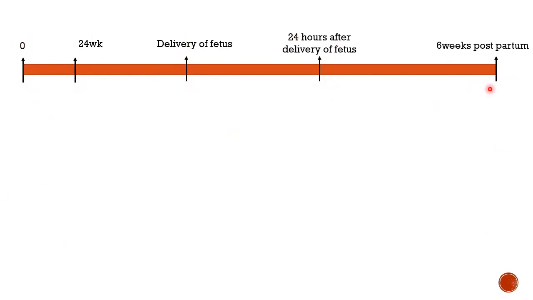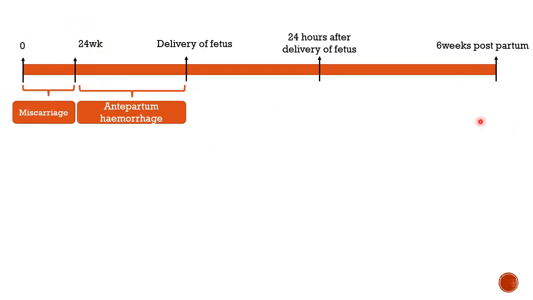These are the landmarks that you have to remember. Mind you, for 24 weeks, we follow RCOG guidelines, saying that APH is 24 weeks and onwards. So before 24 weeks, any PV bleeding we call a miscarriage, either threatened, incomplete, or complete miscarriage.